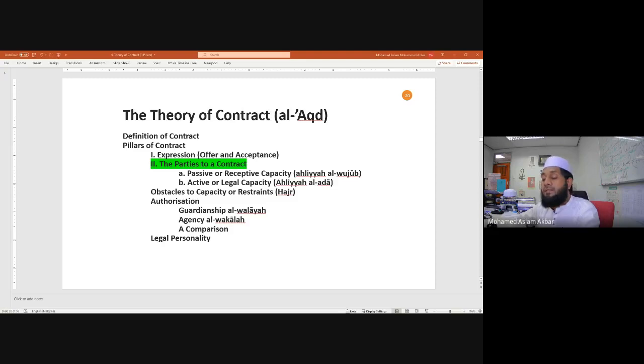Sharia doesn't want any injustice to happen, that's why it has so many rules and regulations to follow.